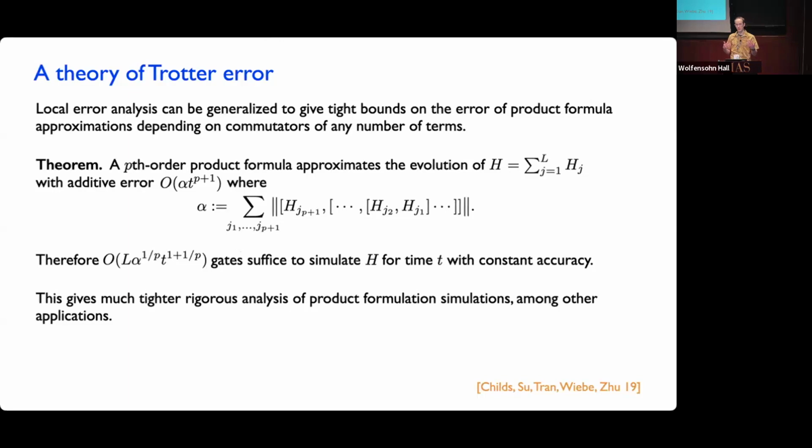And notice that we're not changing the algorithm. This is not a better algorithm in the sense of approximating the evolution differently. We're just giving a better analysis of the error in a particular algorithm. So you can just do what you may already have been doing, but this analysis of the error allows you to use bigger time steps and still have a theoretical guarantee that your error is going to be small.